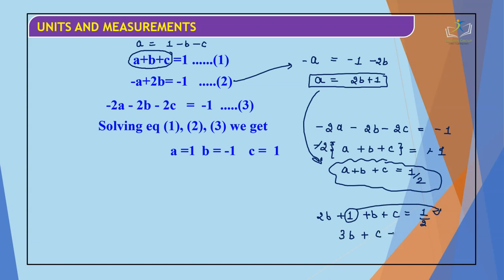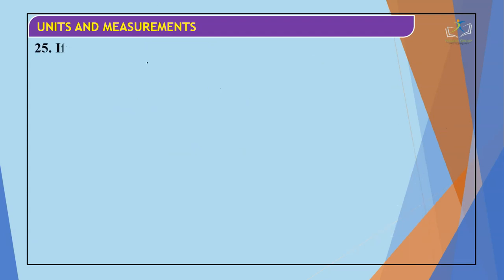So 3B plus C is equal to minus half. Now we have the value of B and C and again B. So we got the value of A, B also, which is minus 1.